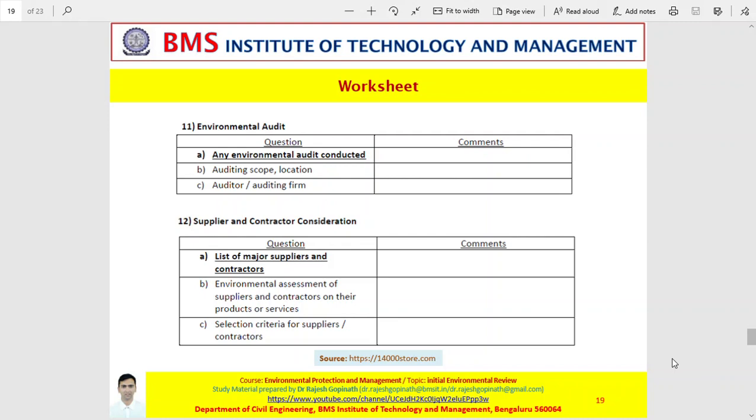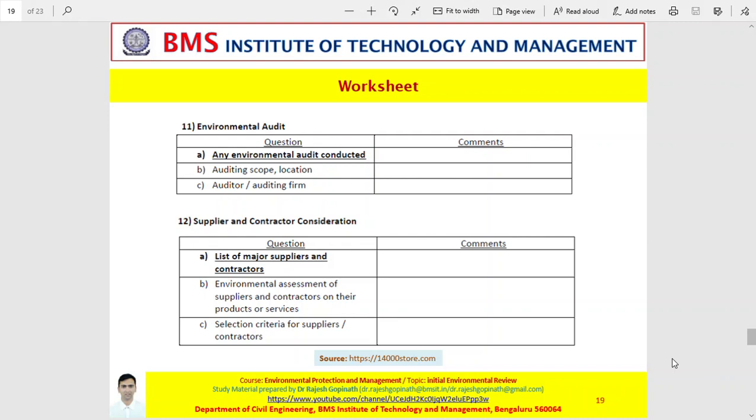For instance, what was the scope of the audit, the location of the audit, the date, and who was the auditor, and so forth.